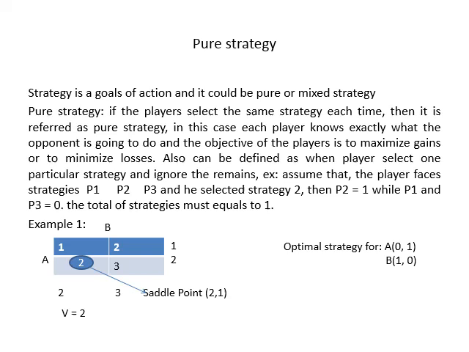So player B plays the first strategy and ignores the second strategy. That's why the optimal strategy for B is 1 and 0.